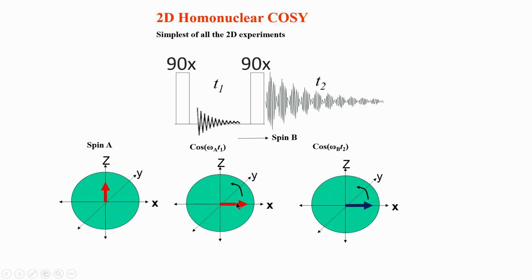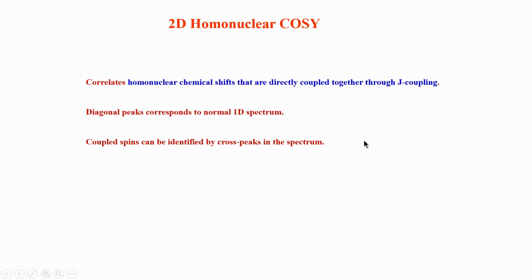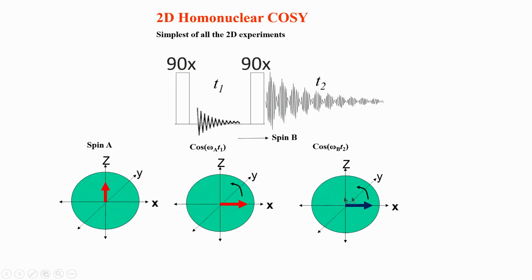So, A also remains like this, rotating, and B also. Both of them are rotating now during this period T2. Okay. So, that is basically the mechanism. A and B both are correlated only because they are connected to each other by J coupling.